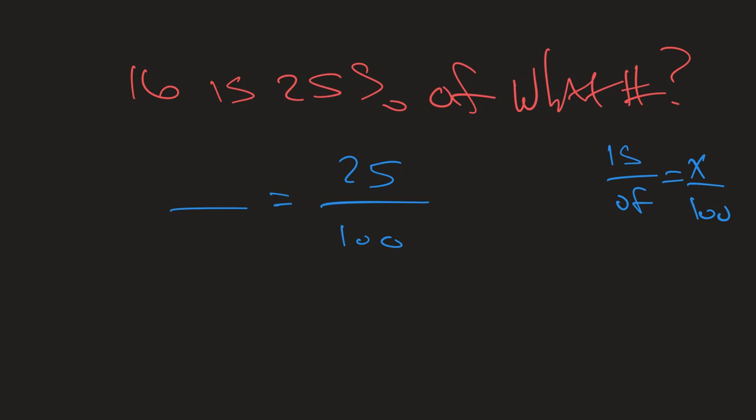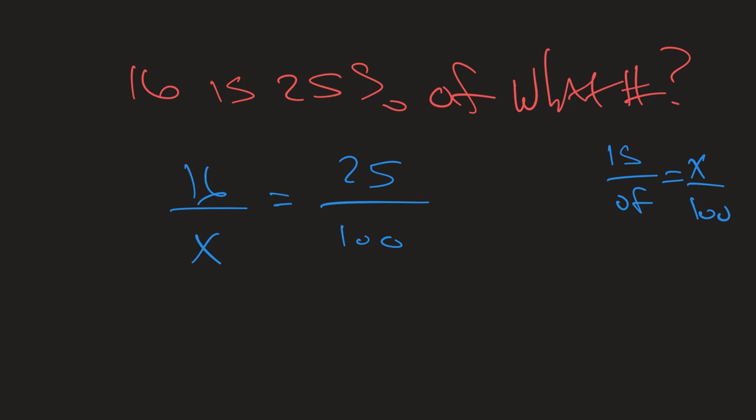Once we do that, now we look and we say 16 is of what? So what's the is? It's 16. And what's the of? X. That's good. Now, I will tell you this, okay?